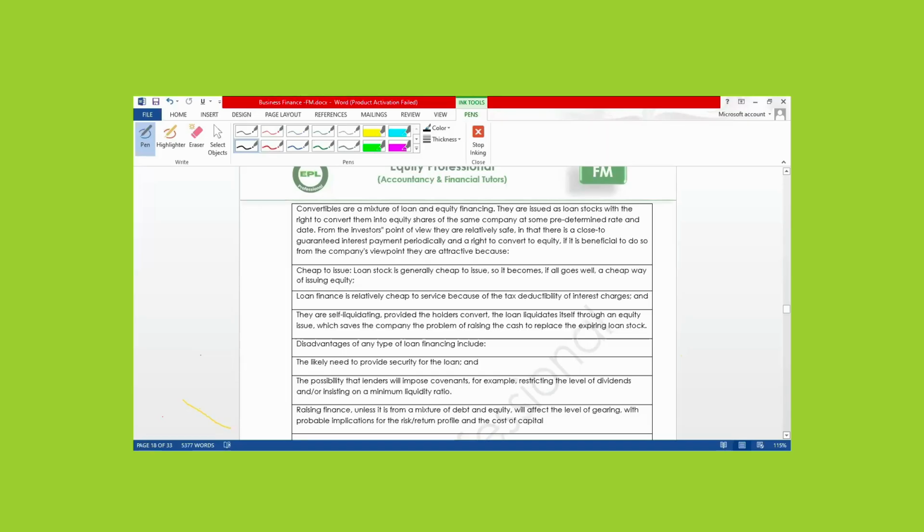The lenders may limit the amount you pay as dividends. Or the lenders can insist on minimum liquidity ratio. Financing your business with loan stock will increase the level of gearing. That is, the financial risk will increase.